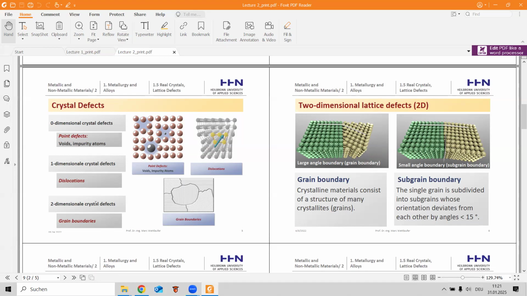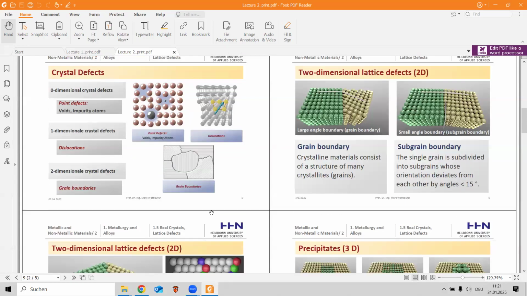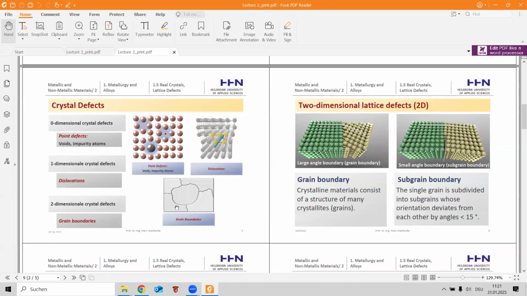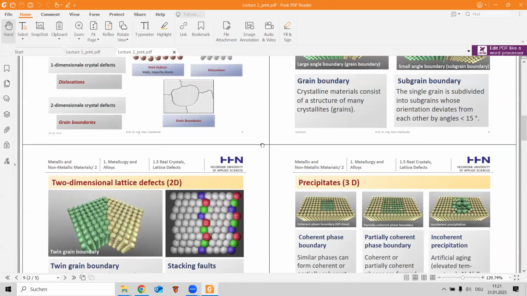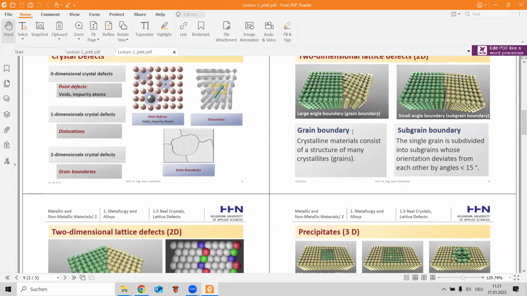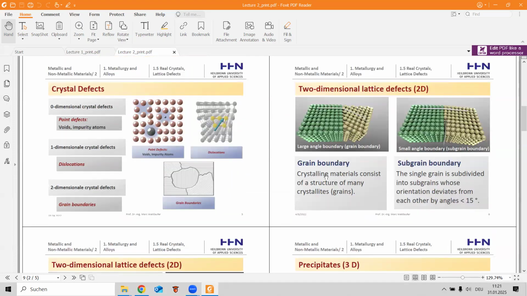And on the two-dimensional scale, we have crystal defects at grain boundaries. The two-dimensional crystal defects can be divided into more groups. When we have a large angle boundary here, the crystalline material consists of a structure of monocrystalline grains.